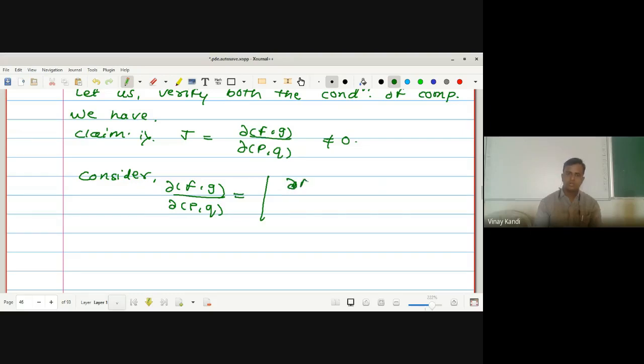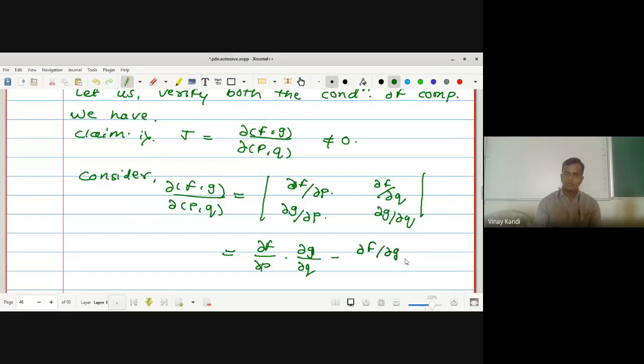What is the first row? dou f by dou p, dou f by dou q, and the second row is dou g by dou p, dou g by dou q. So it is equal to dou f by dou p into dou g by dou q minus dou f by dou q into dou g by dou p.